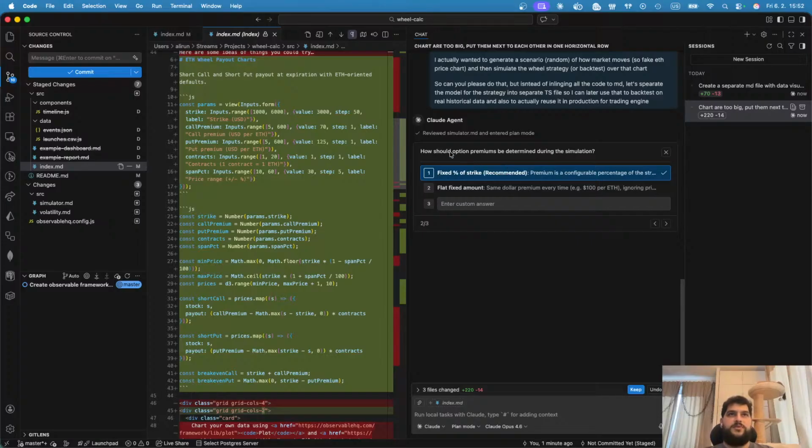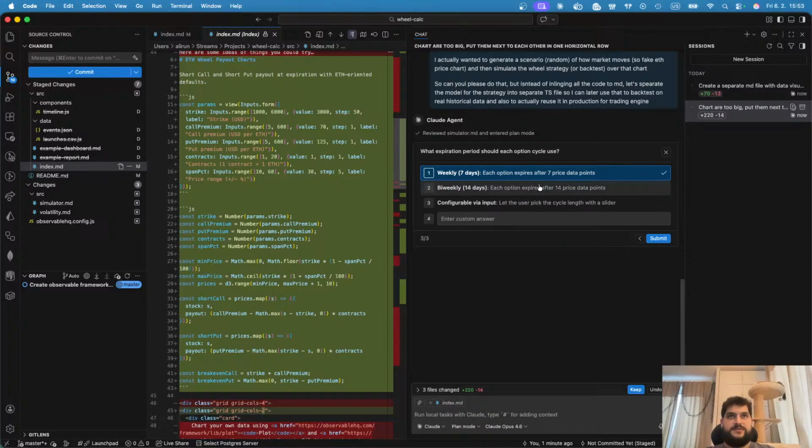How should option premiums be determined during the simulation? Premium is a configurable percentage of the strike price. Okay, let's do that for now. I wanted to actually calculate by controls immediately, but yeah. Weekly, each option expires after 7 price data points. Yeah.